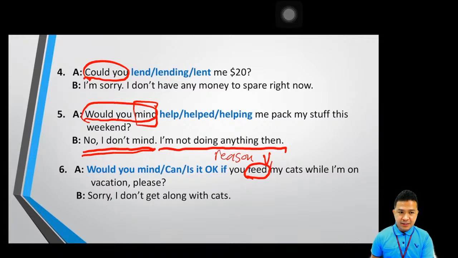So, in number 6, there are 2 possible answers, but we have 3 options: would you mind, can, and is it okay if. Okay, let's go back to number 1.